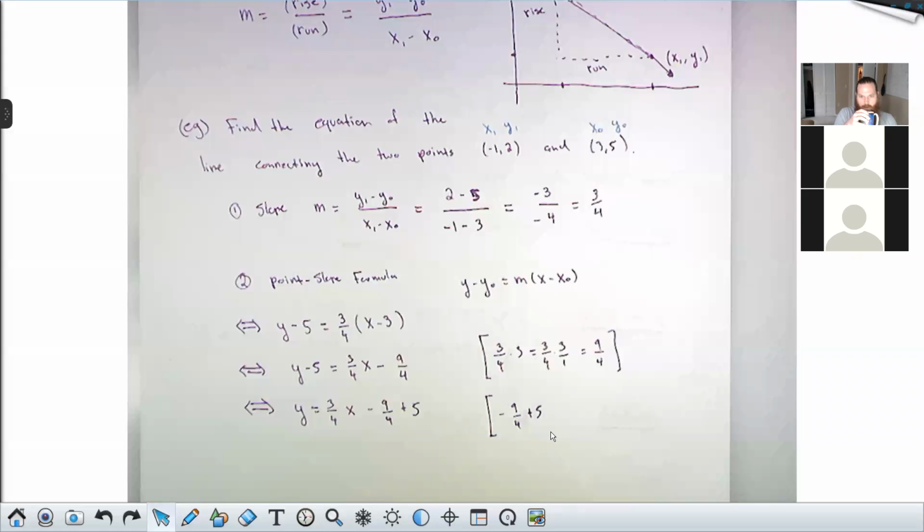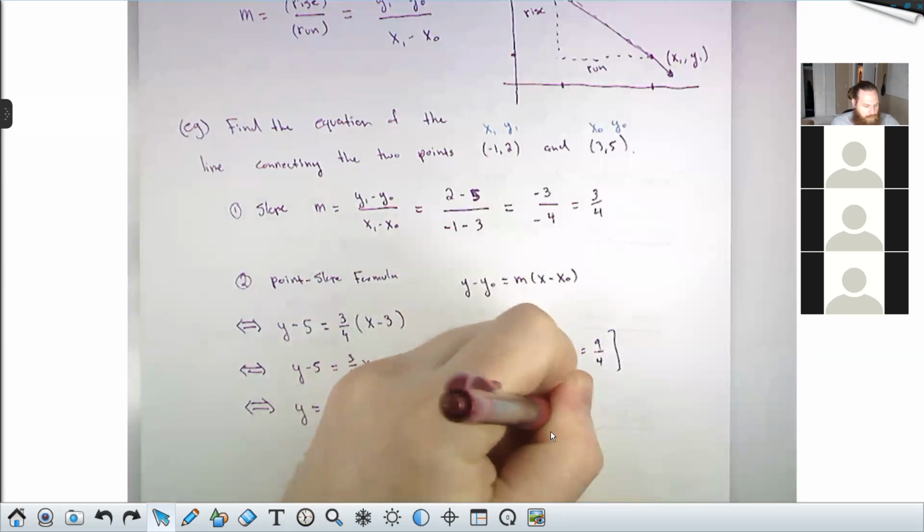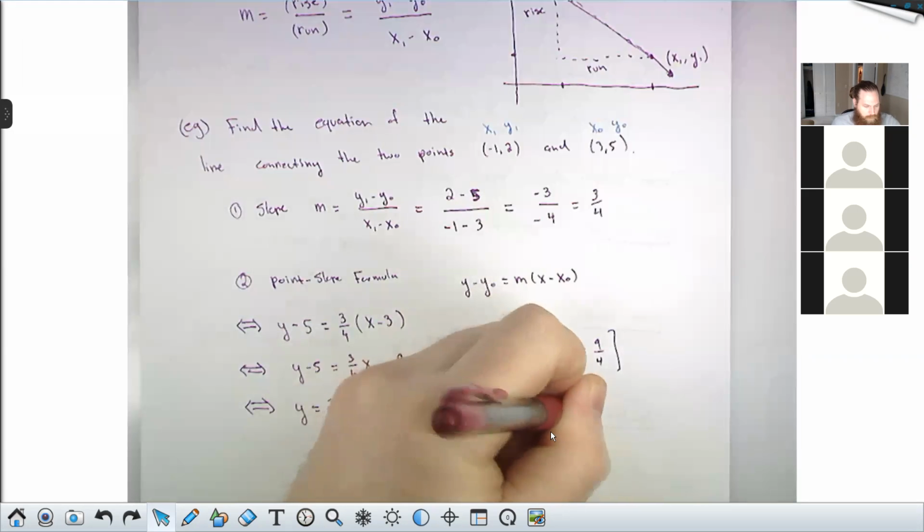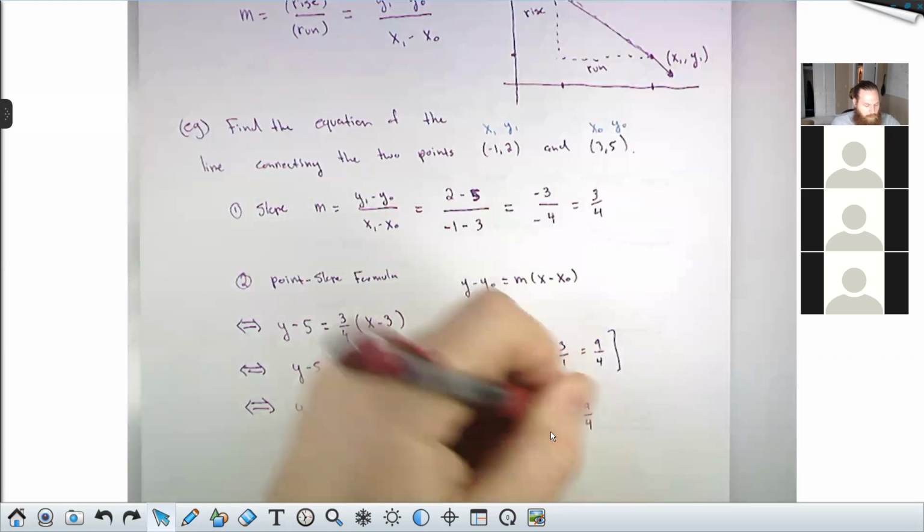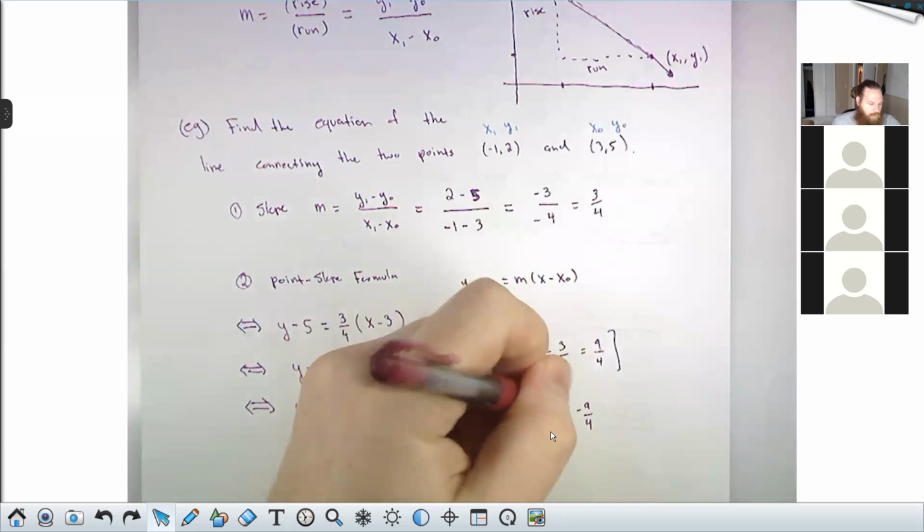How do I add the fraction 9/4 to the whole number 5? You got to change it to a common denominator. Yeah, I need to write these both as fractions with the same denominator. And the way to write 5 as a fraction with denominator 4 is as 20 over 4. I multiply by 4 over 4, and 4 times 5 is 20.